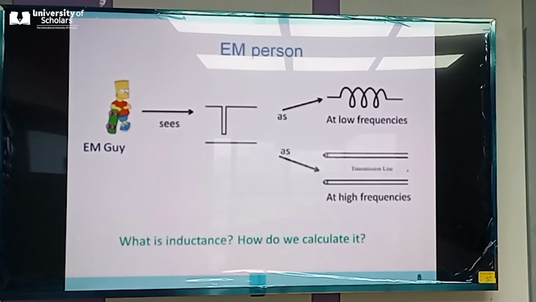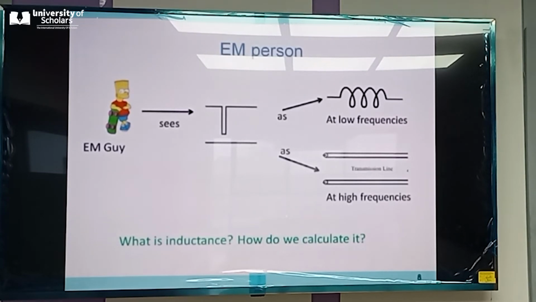So these are the two differences. If an electromagnetic person sees this same circuit at low frequency, he or she will see it as an inductor, and if the frequency of the source is very high, then it acts as a transmission line.